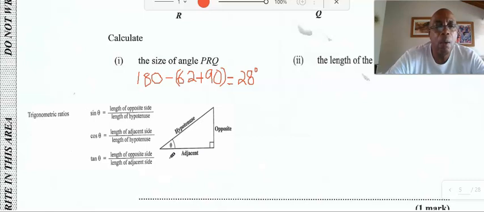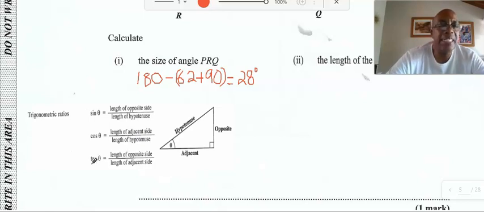Based on that, we define the trigonometrical ratios of the angle based on these 3 sides. The first ratio is sine. Sine of the angle equals the length of the opposite side over the length of the hypotenuse. The cosine of the angle equals the length of the adjacent side over the length of the hypotenuse.